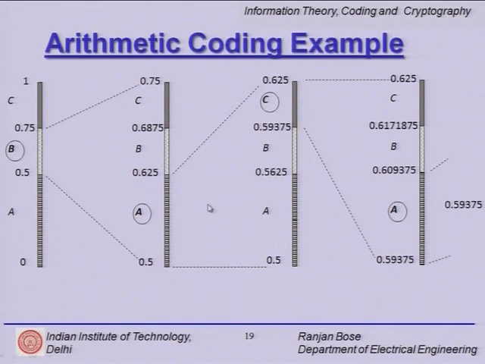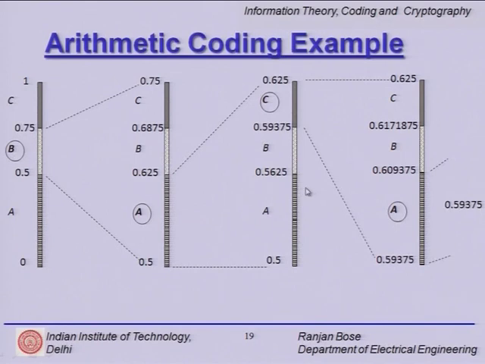The answer is no. Arithmetic coding offers much better compression than your standard Huffman coding, and the reason is because it keeps working on this real line and starts matching the occurrences of A, B and C as finely as possible.